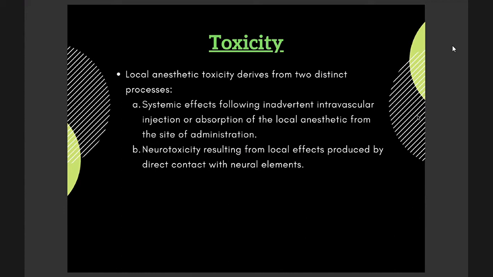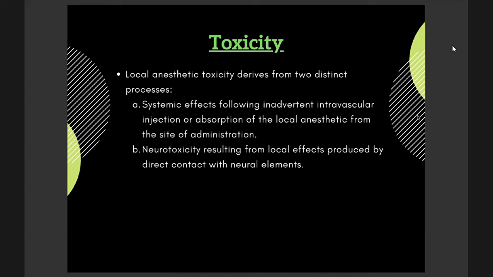So when you give your local anesthetic directly into the blood, there would be a rapid absorption and there would be an elevated plasma level of your local anesthetic. That is one way wherein you will have an elevated plasma local anesthetic level.